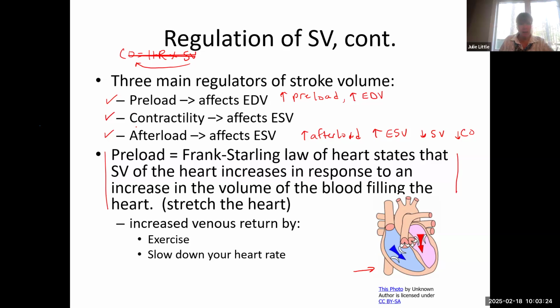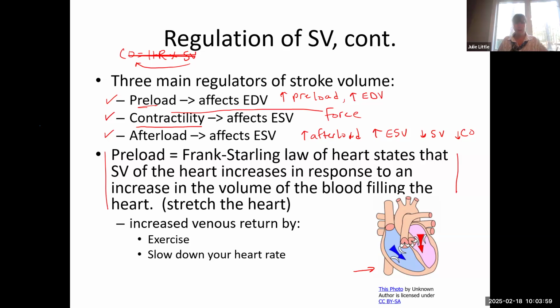On contractility, this is the one thing that we've not discussed. Contractility is literally how hard your heart is contracting, the force of contraction. Now, preload, you can think of it as you're sending blood in, it stretches the ventricles, and you get a little more bang for your buck when they're stretched more. Like a rubber band, the more you stretch it and let it go, the farther it can go.